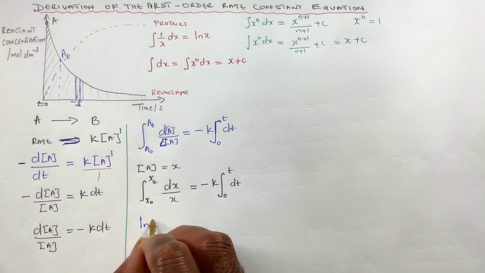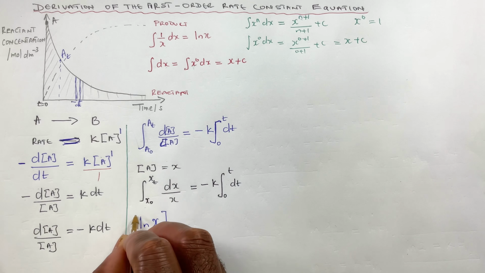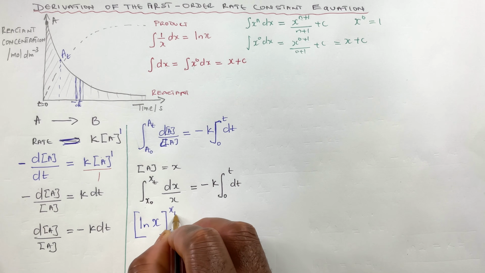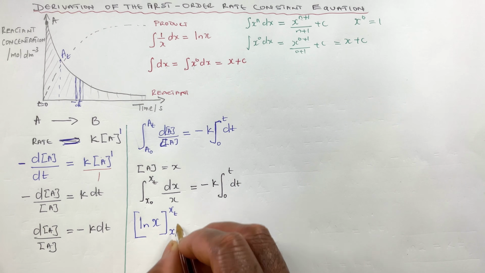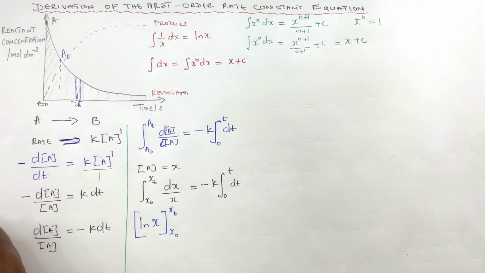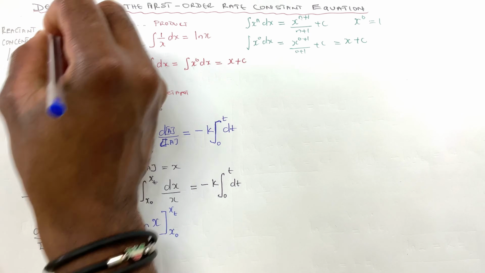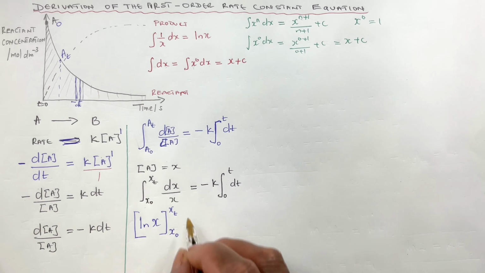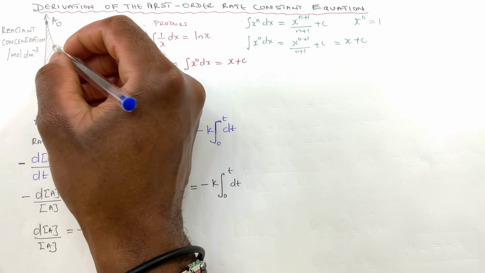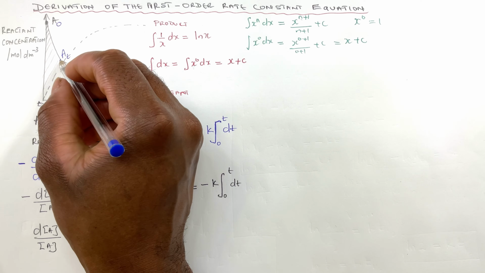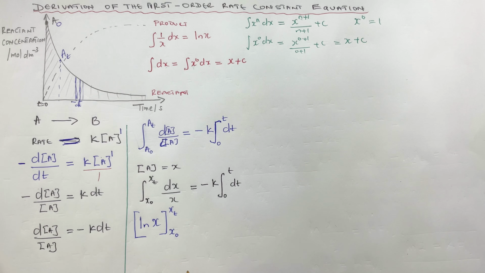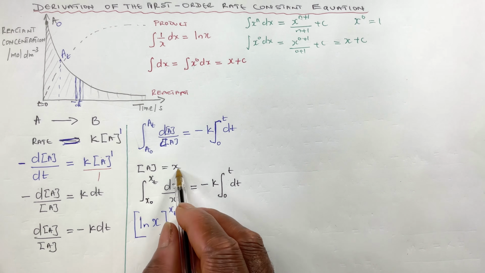So that would be ln x, integrated from x naught to x at the time t, because x naught is the initial value, and the initial value is the original value of A. So that will be the original value of A they start with, and then it starts to decrease to A at the time t, which is less than A naught. So don't forget x is the concentration of A.